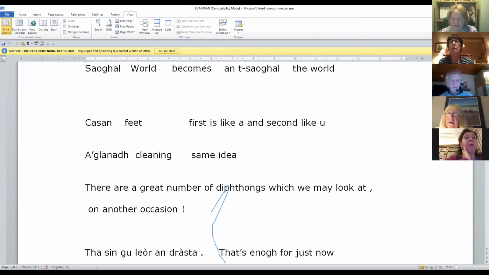Same idea. A and ug. That's the verbal noun, cleaning. Anything with ing will be cleaning and drawing. You find an A in front of that A apostrophe, and that will always sound like not a.